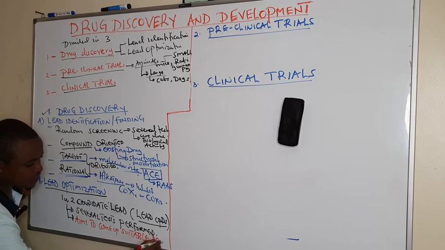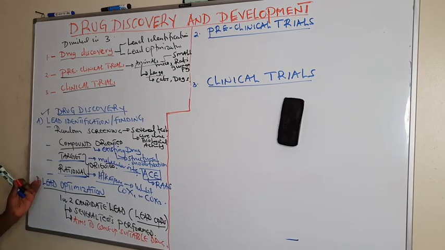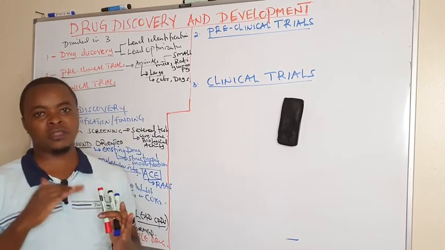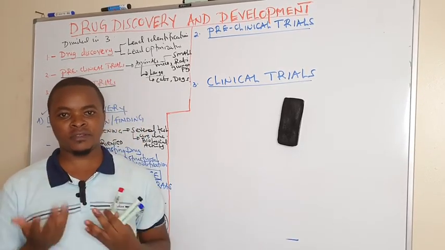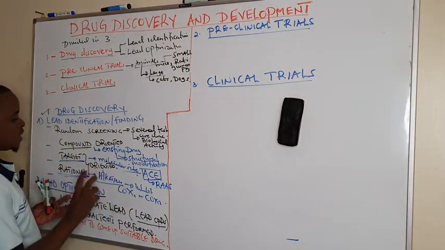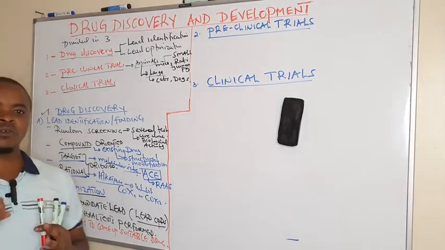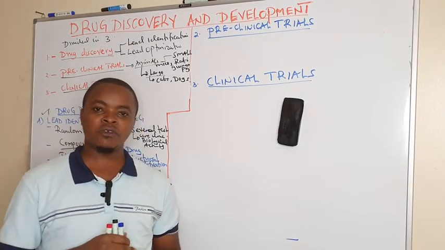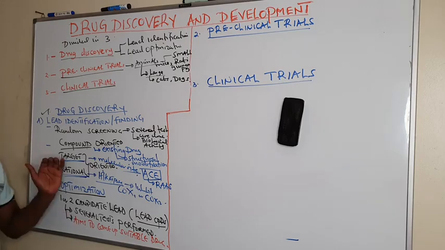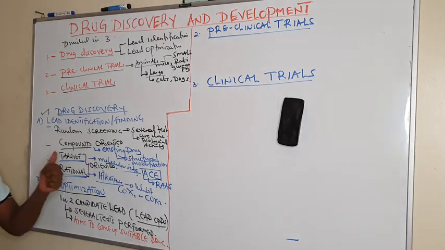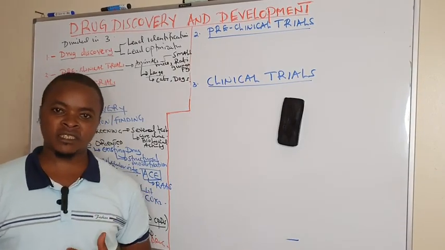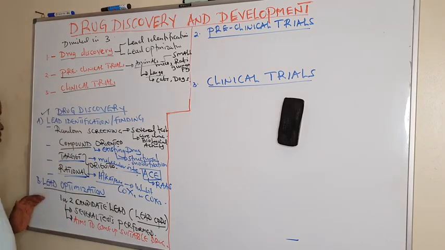After coming up with one or three candidate drugs which are promising to target a certain site or to treat a certain condition, which we call lead compounds, we further optimize them by doing several tests to be sure which of them acts best to treat a certain condition. That is what we call lead optimization.